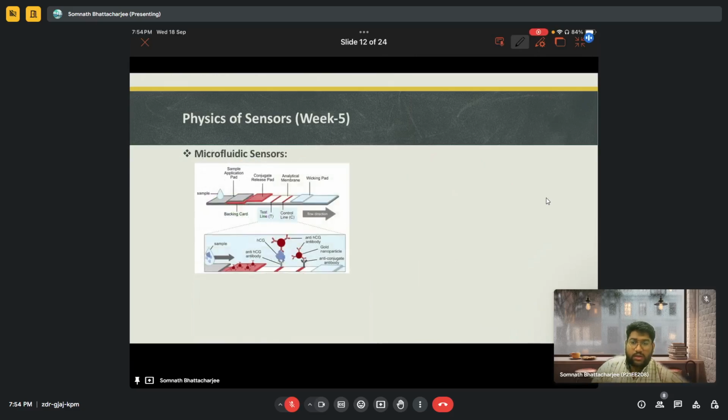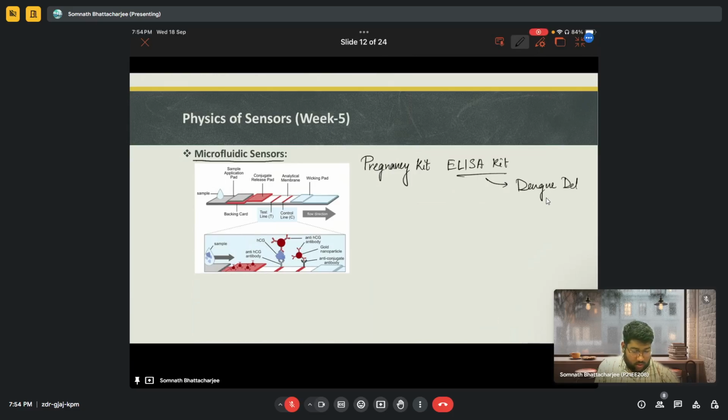And the last one in these different kinds of sensors, or physics of sensors, is the microfluidic sensors. So what is a microfluidic sensor? It can be a pregnancy kit or any kind of ELISA kit. We use it for dengue detection.